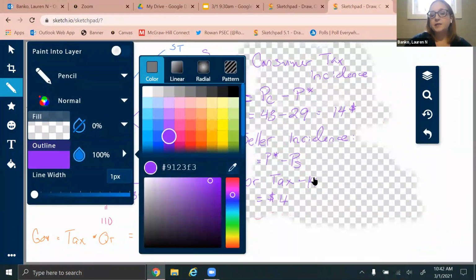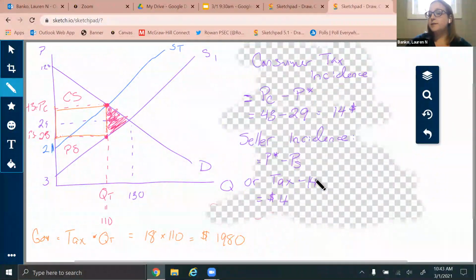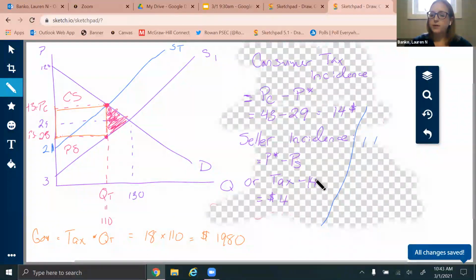Now I might ask you for the tax incidence as a percentage of the total tax. So this would be just like the amount that each are paying of the tax, but if we wanted it as a percentage, for the consumer we can do 14 and divide it by the total of the tax, 18, and then times 100%.